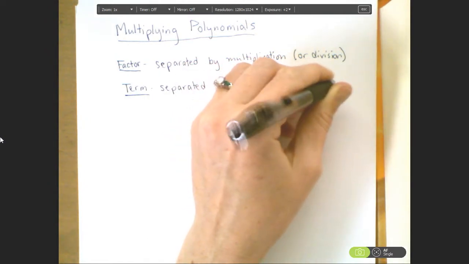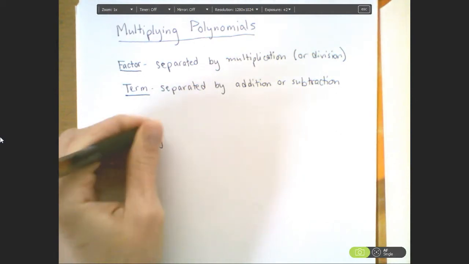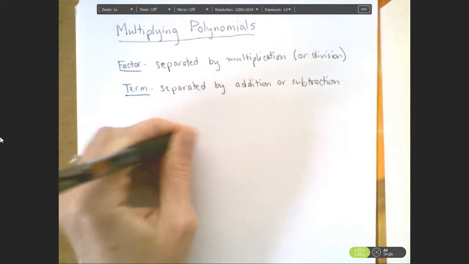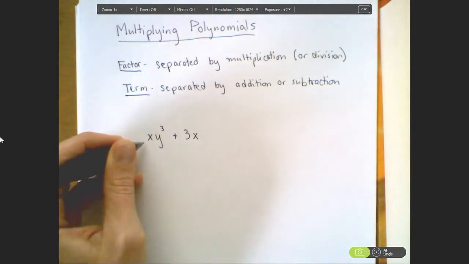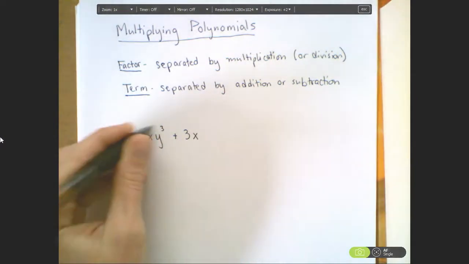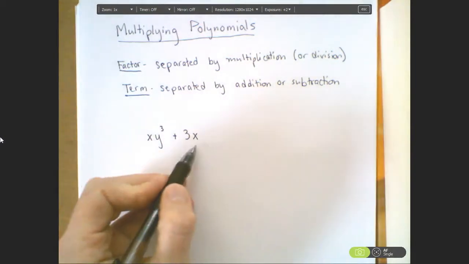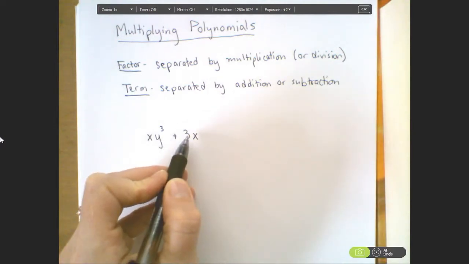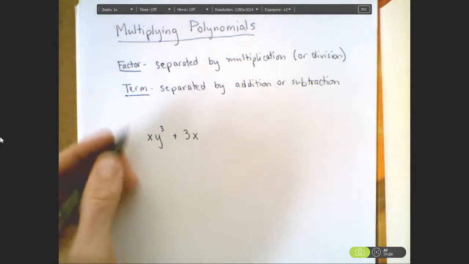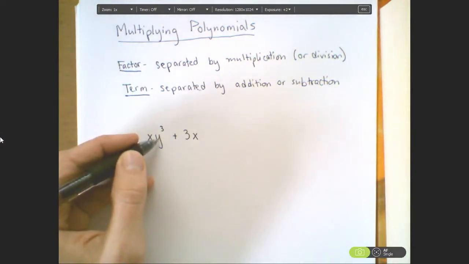So, for example, if I have an expression that's written as xy cubed plus 3x, I would say that there are two terms in this expression. The first term is the xy cubed term, and the second term is the 3x term, because they're separated by this plus sign. And then within each of these terms, I see that x is a factor, and I also see that y cubed is a factor.